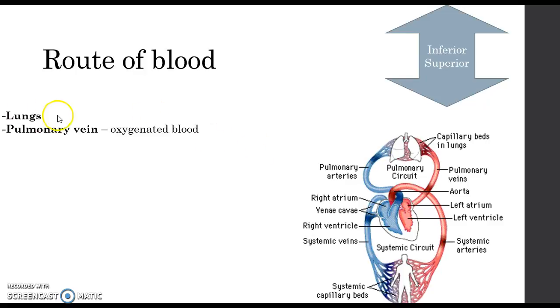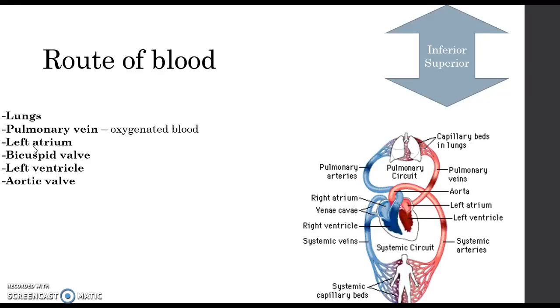So it goes from the lungs to the pulmonary vein, which, as you can see, takes blood back to the heart, into the left atrium, and then it goes through the bicuspid valve, which is split into two, which opens when the pressure builds up and the blood falls through, and it goes into the left ventricle, where it then goes through the aortic valve up here, through to the aorta, and follows round.